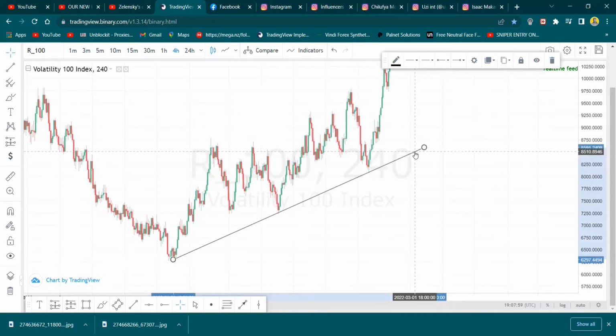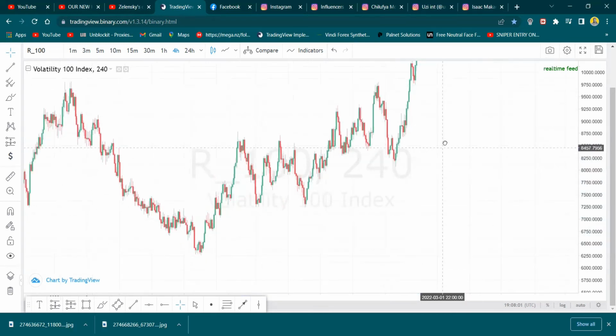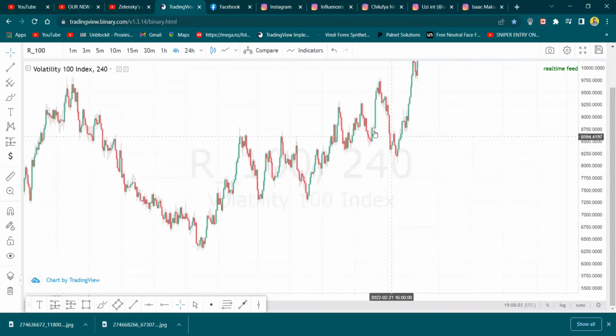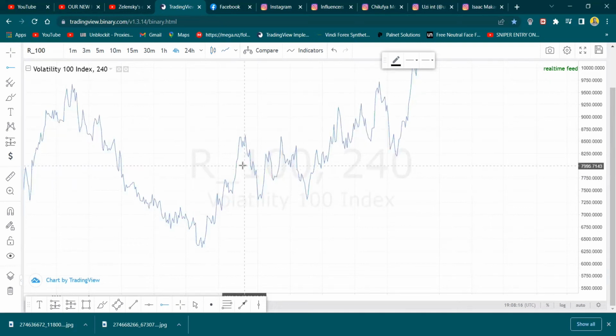So now the best way to understand it is to understand the horizontal part, because support and resistance is basically this. The best way to identify support and resistance, you can tap on the line chart. Then, for example, if you focus on this price area, you focus on these tips.